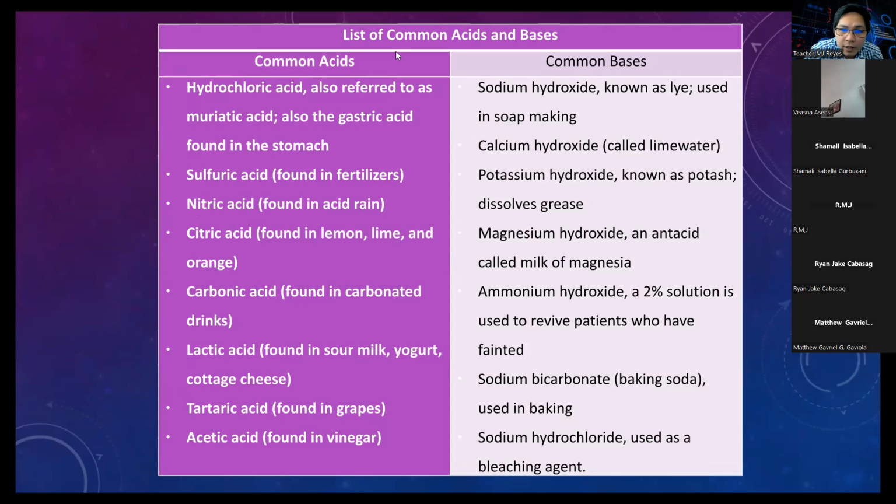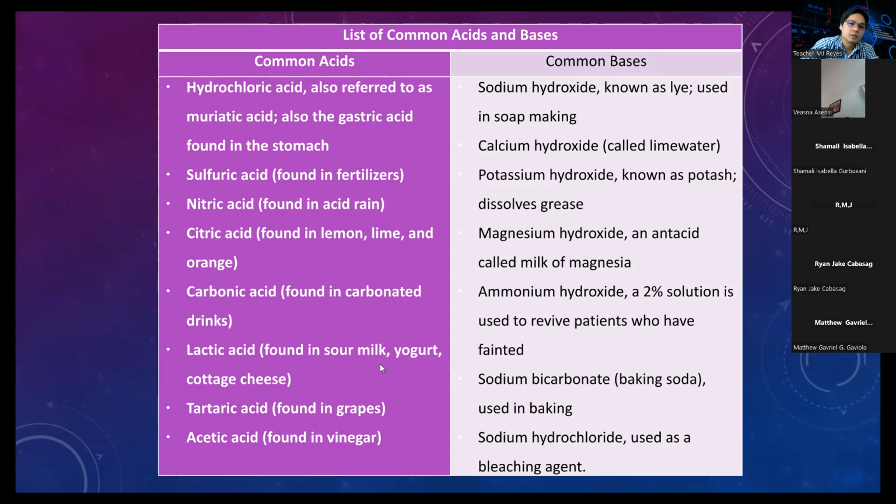How does acid rain occur? Acid rain occurs because there is a mixture of nitrogen and fumes. That is how acid rain is formed, converting nitrogen into nitric acid.